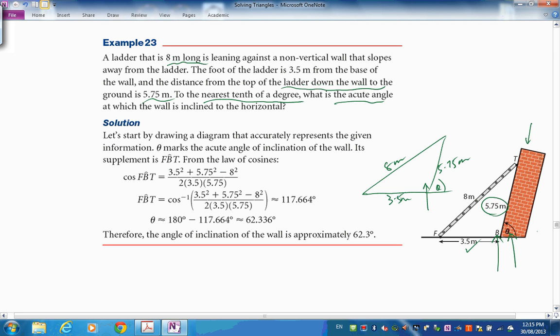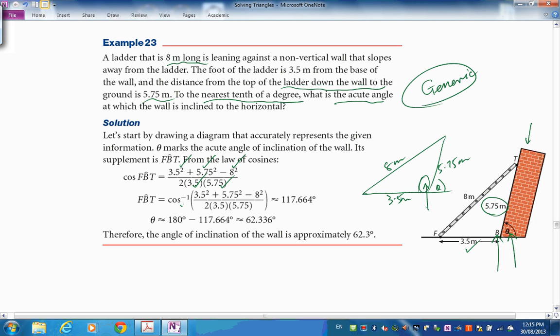Let's just check it. The cosine of this angle in here is the sum of the squares of the sides around it minus the square of the side opposite over twice the product of the sides around it. Don't put A, B's and C's in necessarily. Know sort of generically the formula.